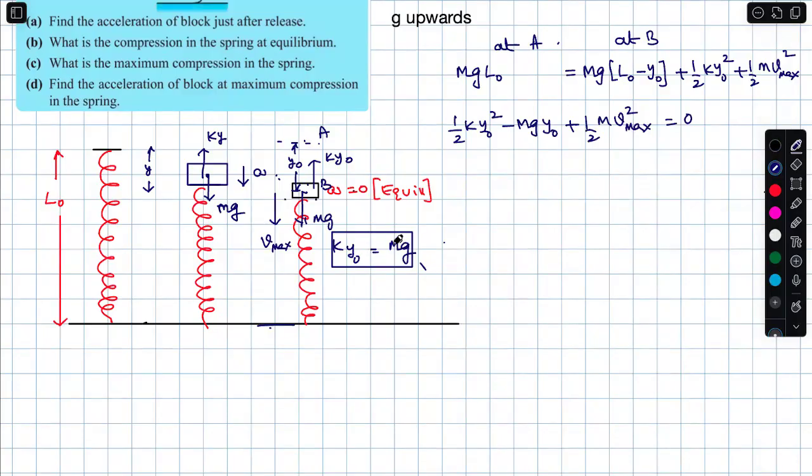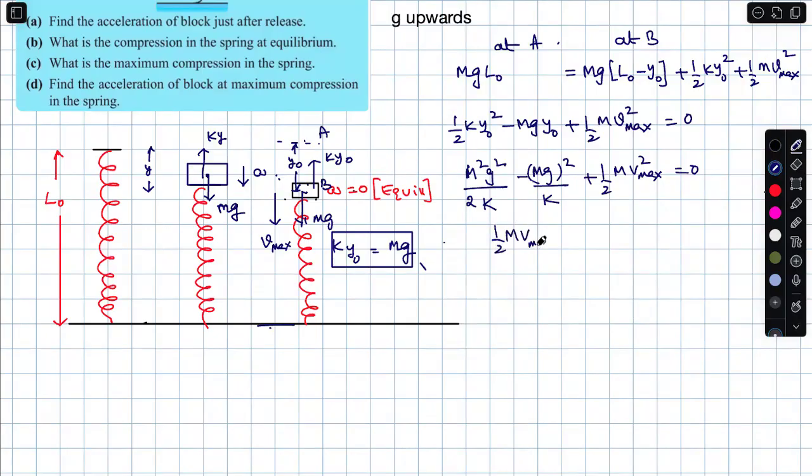Don't forget to use this: y0 is nothing but mg by k. So half k y0 square is nothing but m square g square by 2k, minus mg y0, which is minus m square g square by k, plus half m v maximum square.